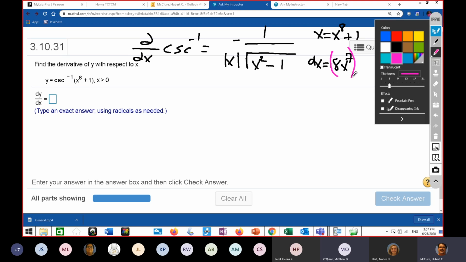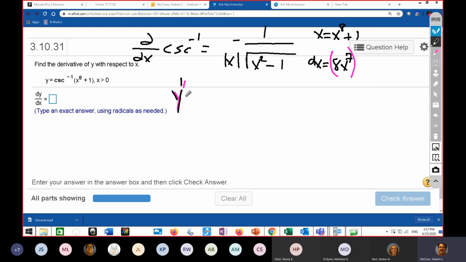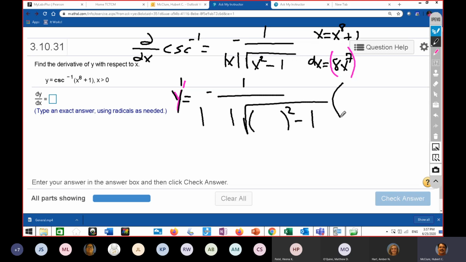So y prime is equal to -1 over the absolute value times the square root of this squared minus 1 times 8x to the 7th.